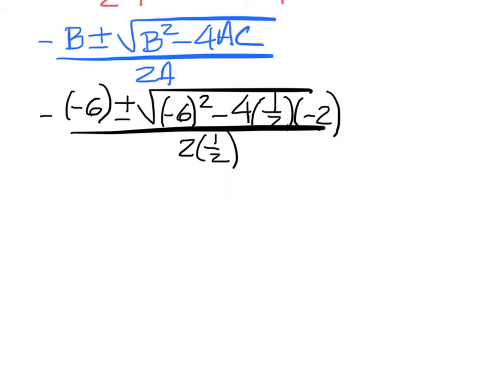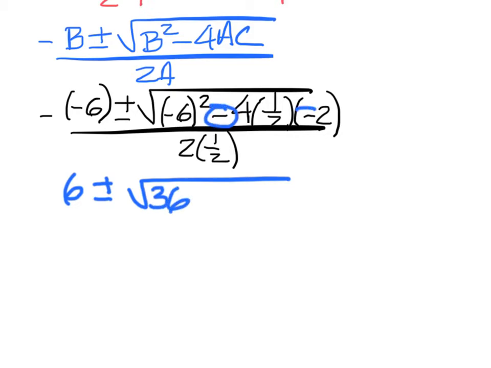A double negative 6, that's just going to give me 6, plus or minus. The quantity squared of negative 6 is 36. You have a minus a negative in there, so that means the sign goes to plus. And then 4 times a half is 2, 2 times 2 is 4.